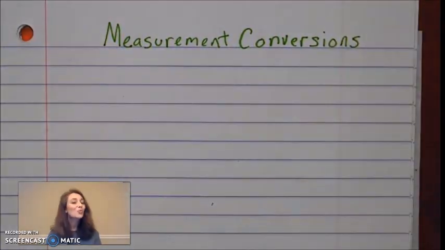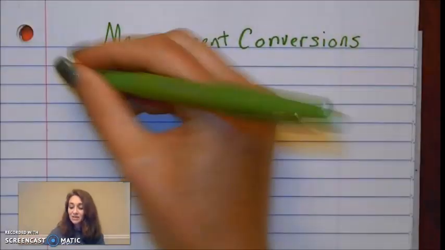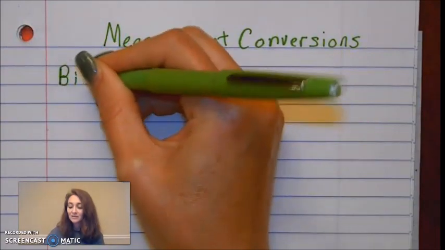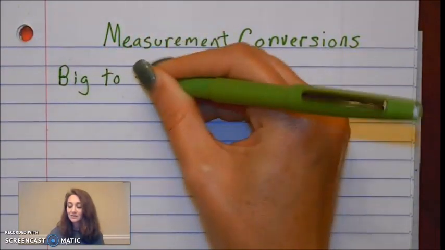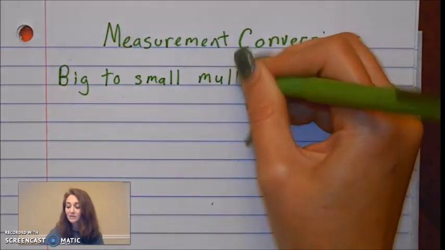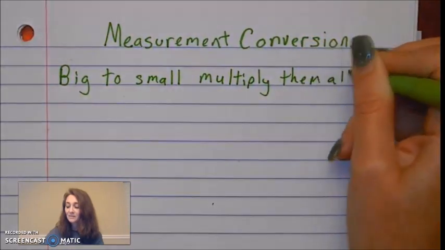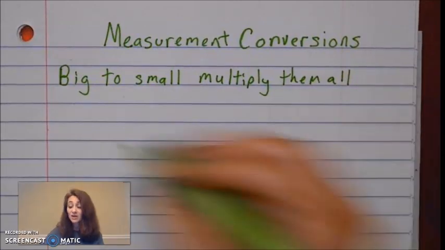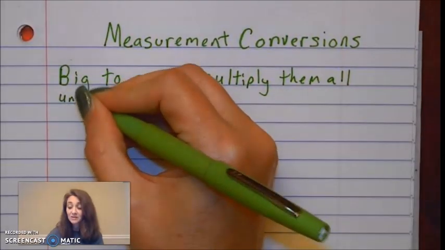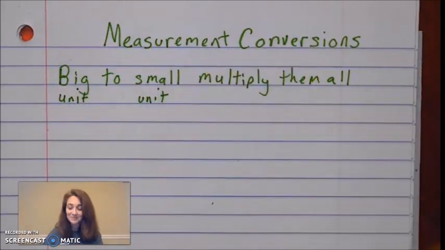And then I have a little rhyme to help you remember what to do. I'll tell you the rhyme, and then we'll do some problems, and you'll see how it's going to make sense. So our little rhyme is: big to small, multiply them all. And when we're talking about big and small, we're talking about the unit. So big unit to small unit, we're going to multiply.